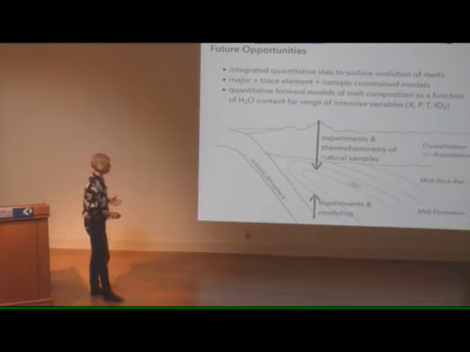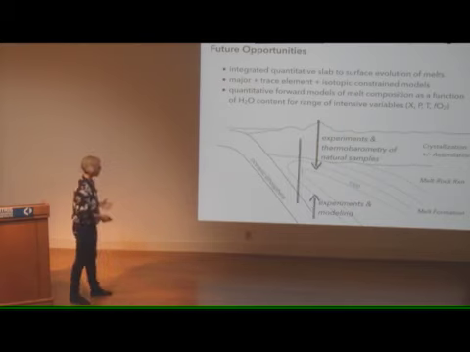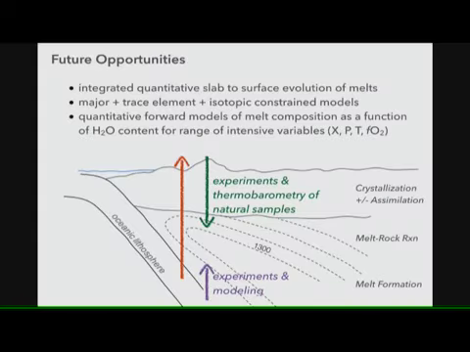And the experiments and the modeling I showed you tell us a lot about how they're generated at the base of the wedge. But the opportunity for advancement is really an integrated history from slab to surface for these kinds of samples that track major elements, trace elements, isotopes, and that we really do need to continue to work on in order to do this, our forward models of melt composition as a function of all these variables, and in particular in the presence of water. So I'll leave it there.